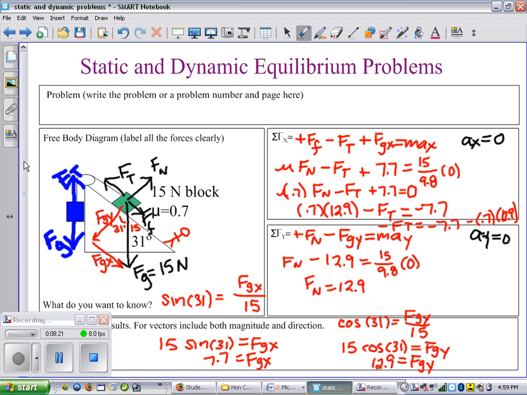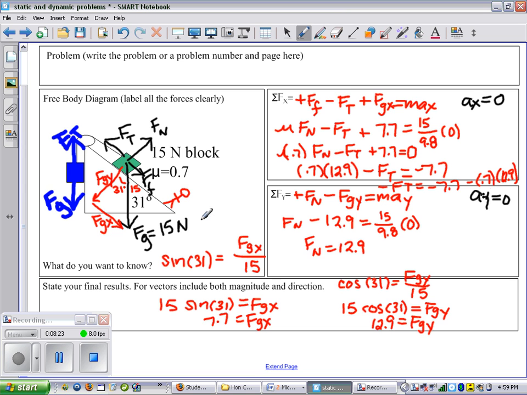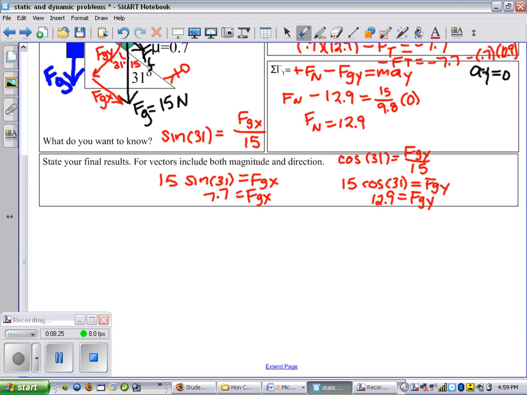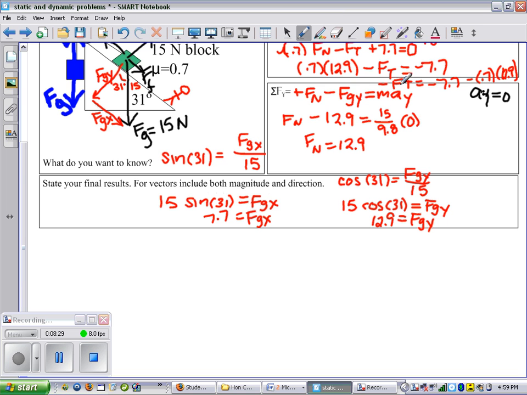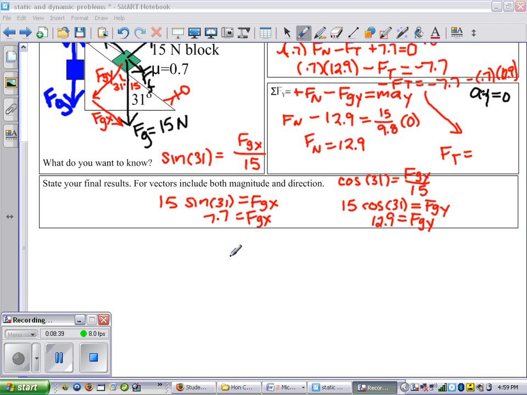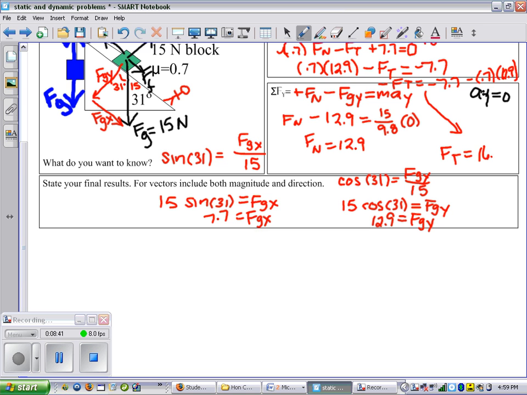Move the screen down so I have a little more space here. Put it right here. Ft equals 16.73. Now that was not what the problem asked me for, so I'm not finished yet.